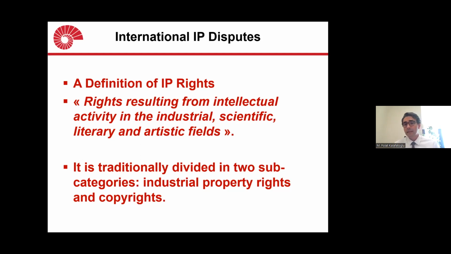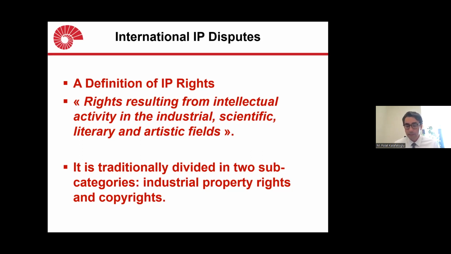But I think they have something in common, which is the fact that IP rights give you some sort of a property right or some sort of an exclusive right over intangible things, such as ideas, such as inventions, such as information or intellectual creations. And IP rights also present a close link with the tangible objects and the intangible IP rights.